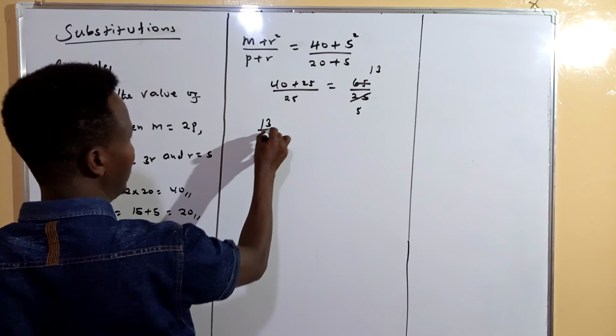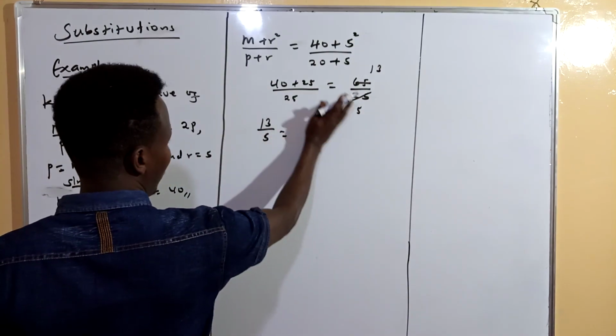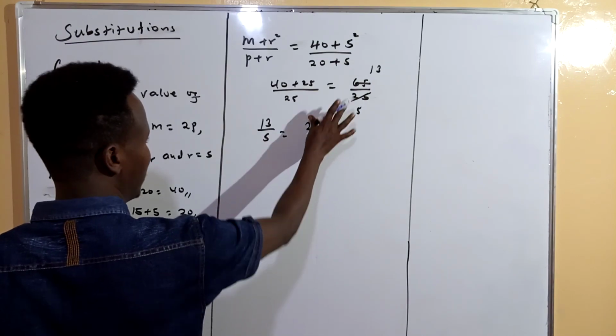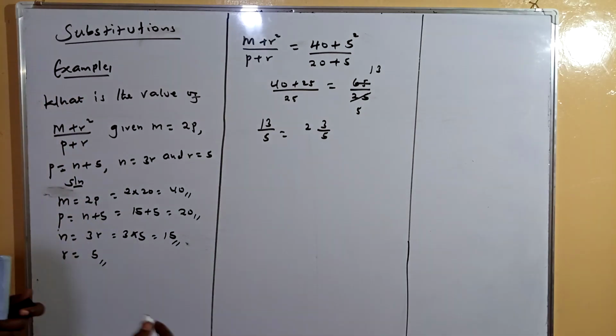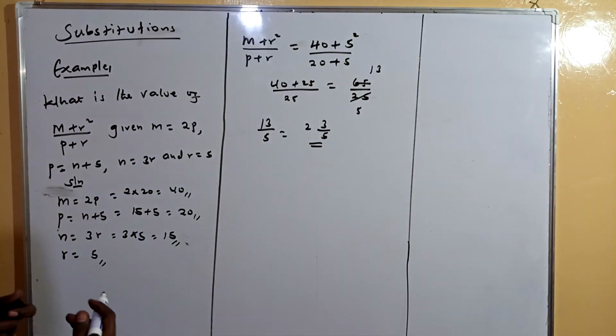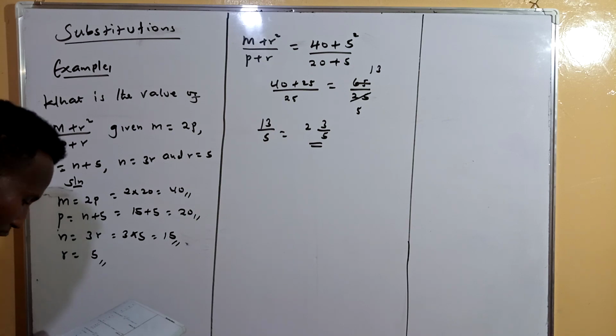So you have 13 divided by 5. It will give you 2 whole number, 3 out of 5. Just understand, when the numerator is greater than the denominator, write your fraction in mixed form. So this is the final answer: 2 whole number, 3 out of 5.